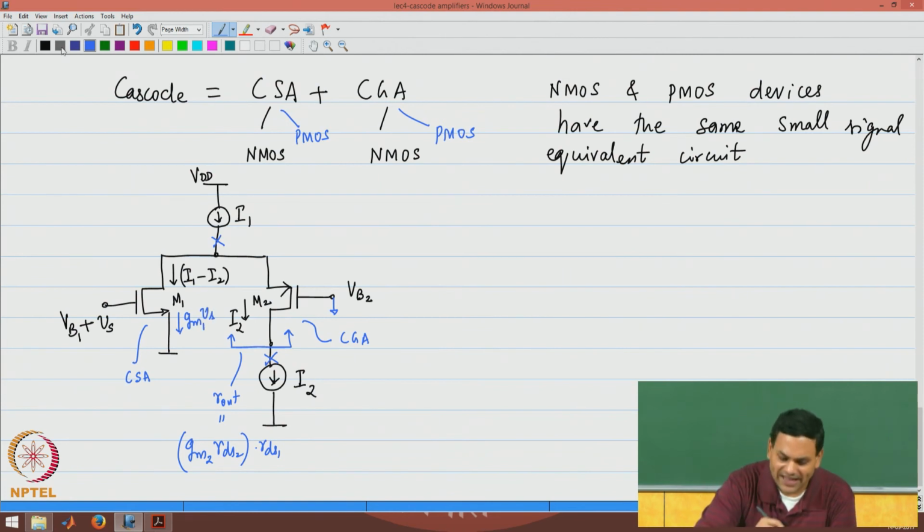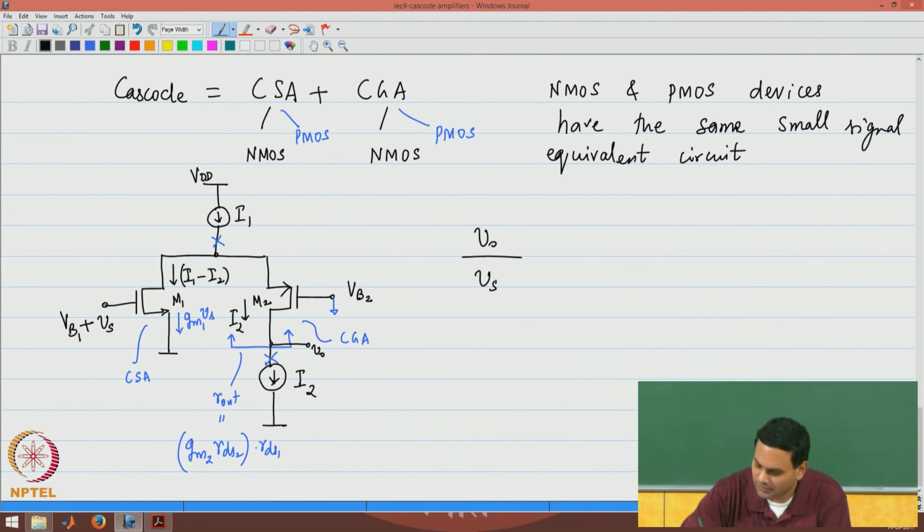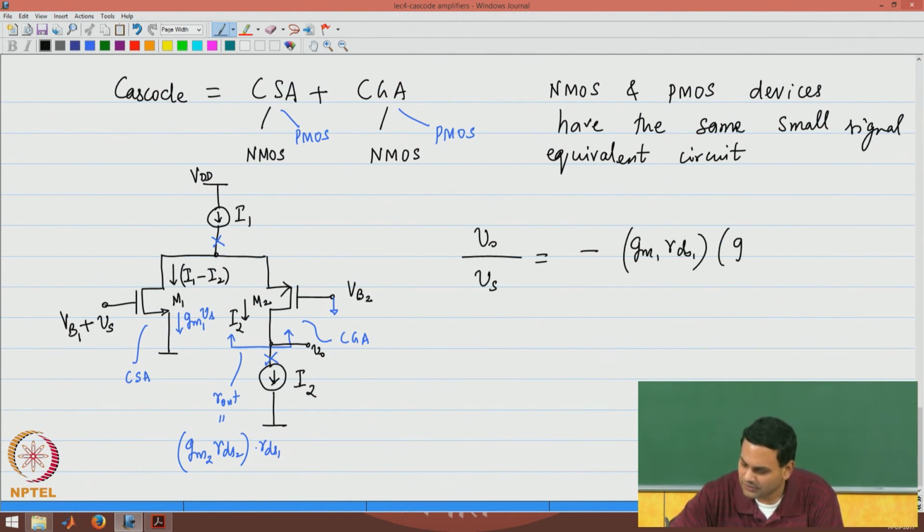The overall gain seen from the output, which is taken at the drain of M2, is still minus GM1 RDS1 times GM2 RDS2. So, it still looks like the product of two intrinsic gains, the only difference being that one of the devices is a PMOS transistor.